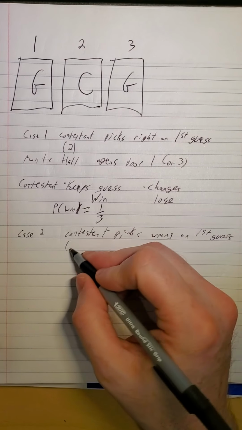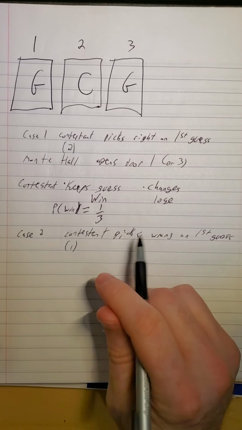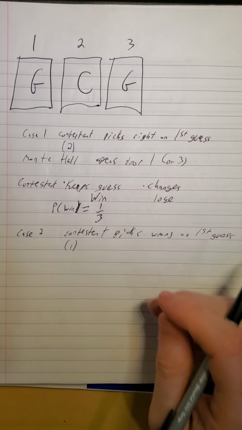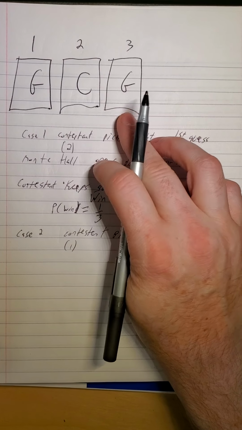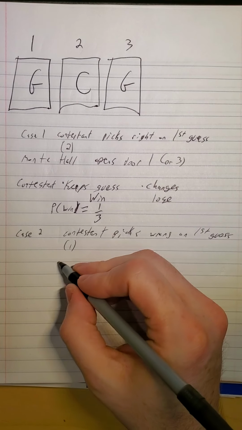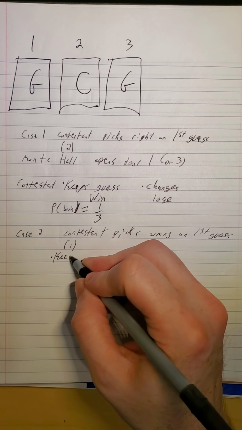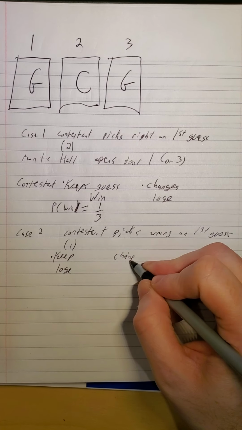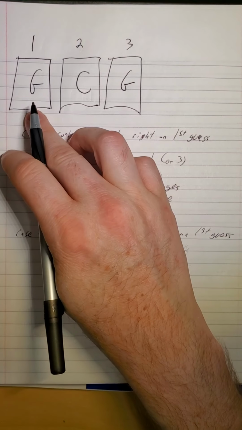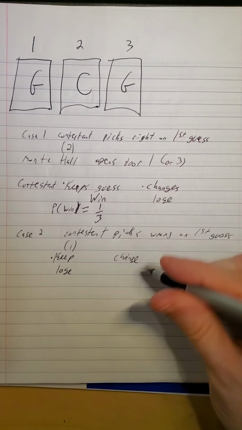So let's say, without loss of generality, they pick door number 1. Monty Hall will open door number 3. They keep their guess, they lose. They change, they win.